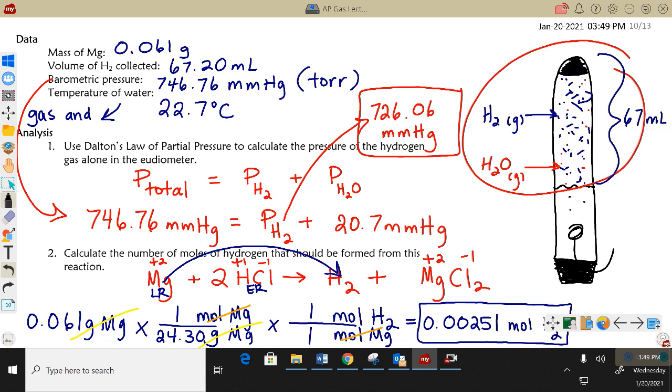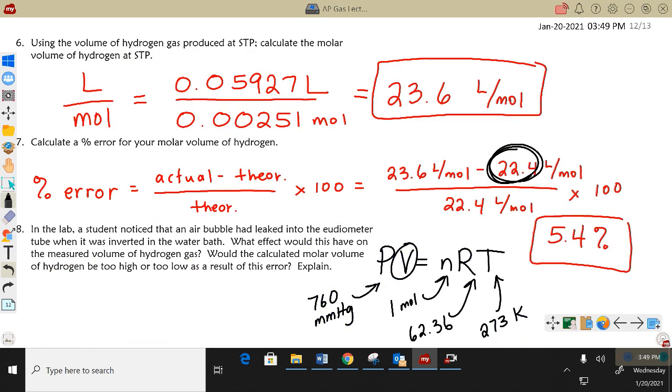But what if I had a little 3 milliliter bubble up there? Well, I did all my calculations assuming that the whole pocket of air and gas up on the top was hydrogen. But what if it wasn't? So in this case, I would have really only had about 64 milliliters of hydrogen, but I didn't know that because I didn't notice, oh, whoops, there's already a bubble up there. Oh, man. So it's going to make my measured volume of hydrogen too low.